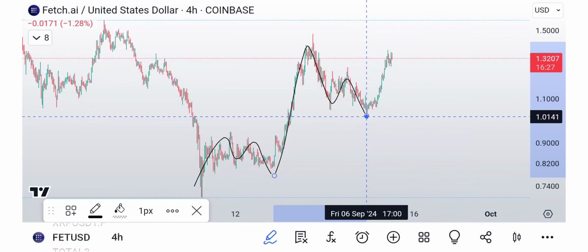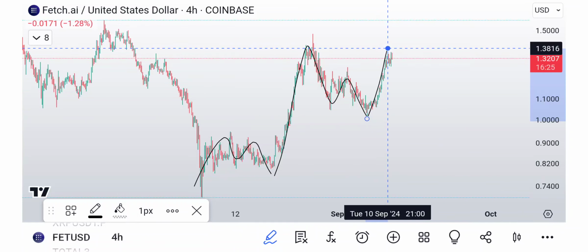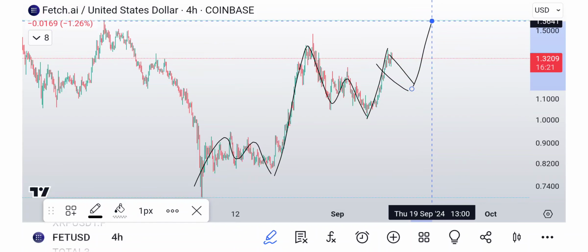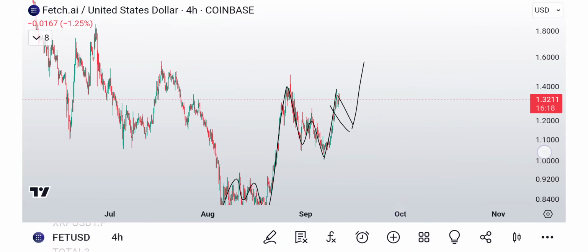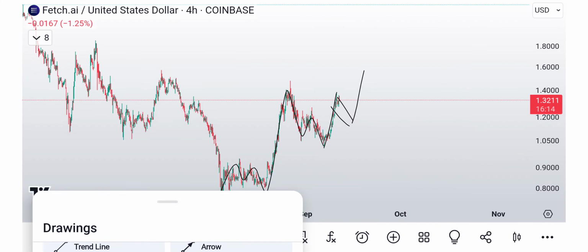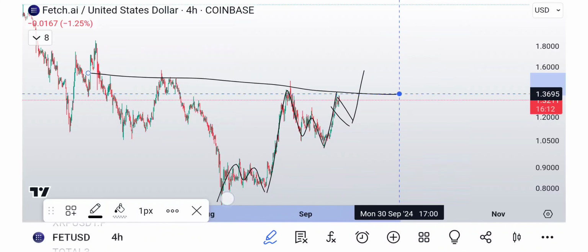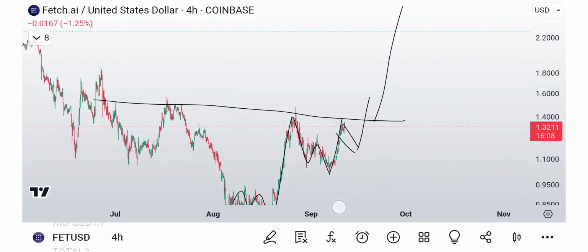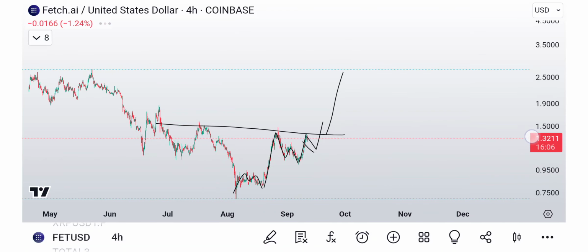Boom, three-wave pullback. Boom, right? It looks like it needs to come down and then pop the high. So, yeah, and then look at that. It looks like a nice inverse head and shoulders here. You can see that right there. I mean, it looks nice.